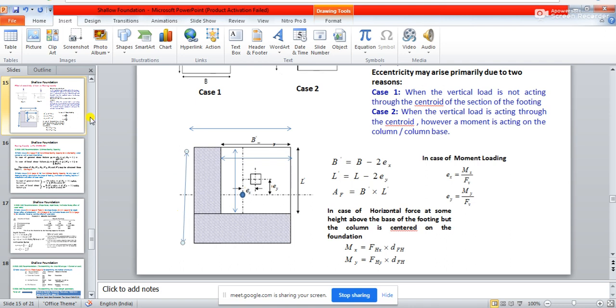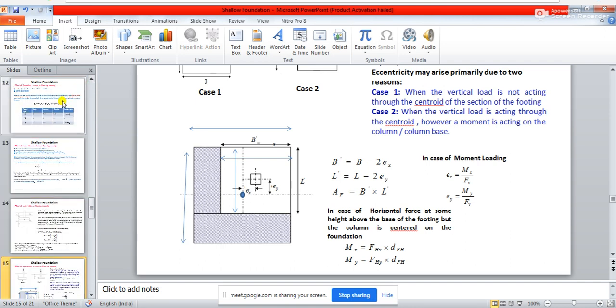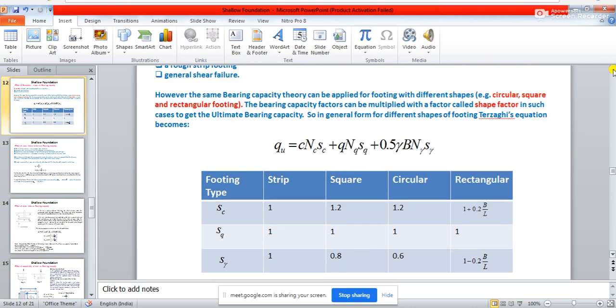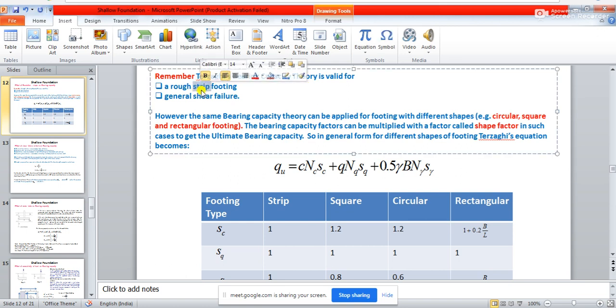Okay. See the shape factor effect. Please go through the slide. I will tell you in one minute about this. See, Terzaghi's bearing capacity equation is valid for strip footing and it is valid for general shear failure.